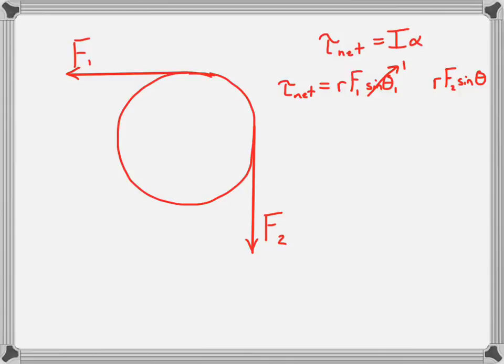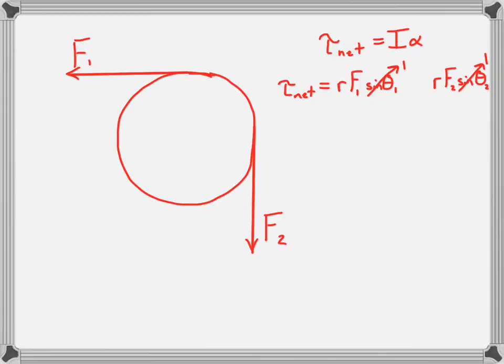And just like we had for F1, we have this force acting right at this point right here, which is perpendicular to the radius again. So sine of theta 2 is going to equal 1 again.